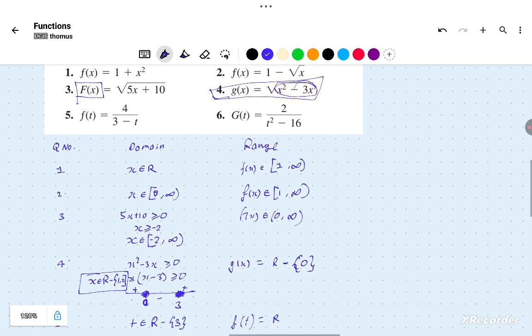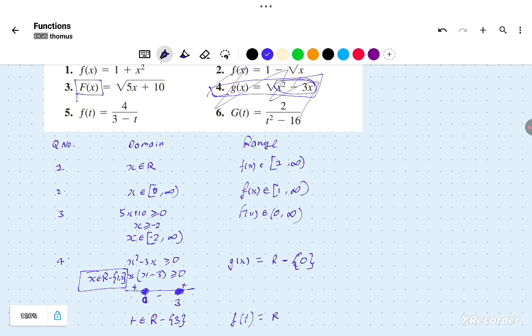Considering the range of g(x), my x squared, it is always the minimum value of g(x).